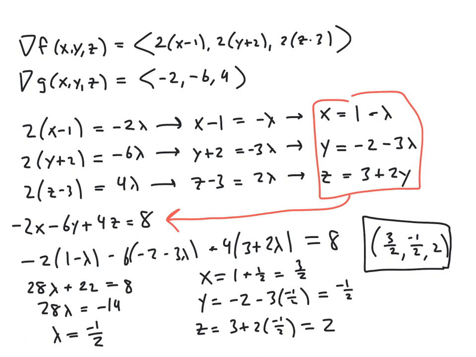Right? And notice that in the previous two examples, in neither of them did we actually find the value of lambda. Right? We don't actually care. It's just a nice tool to help us solve for our solution.